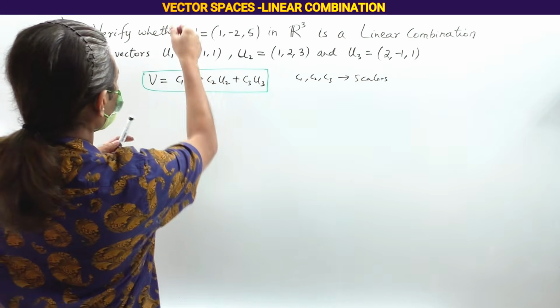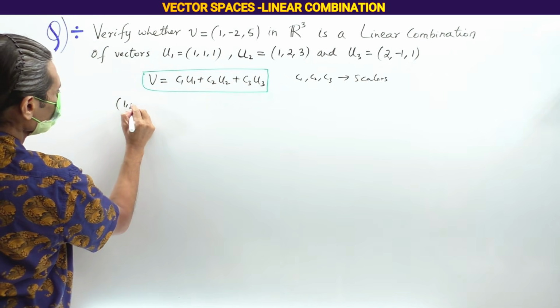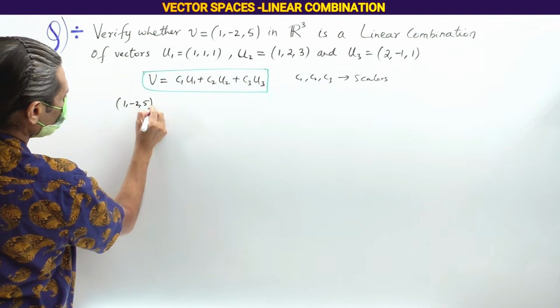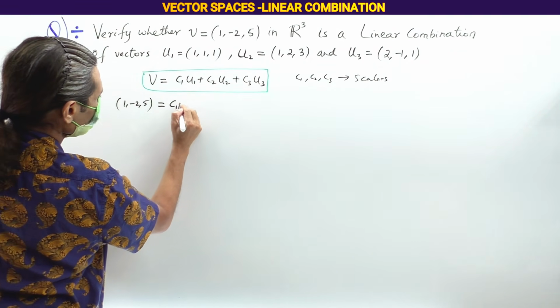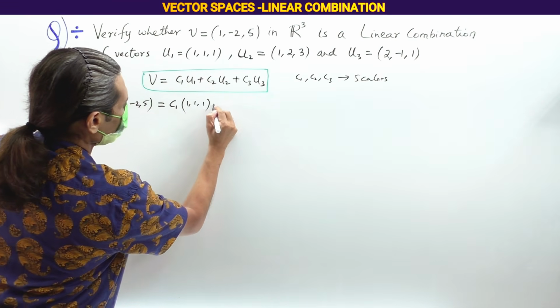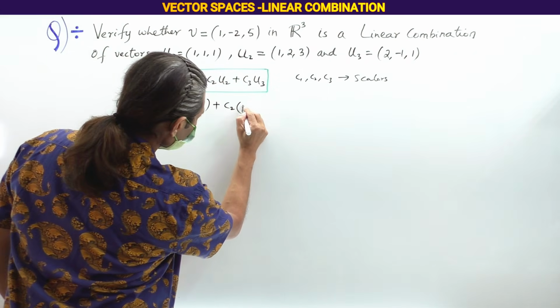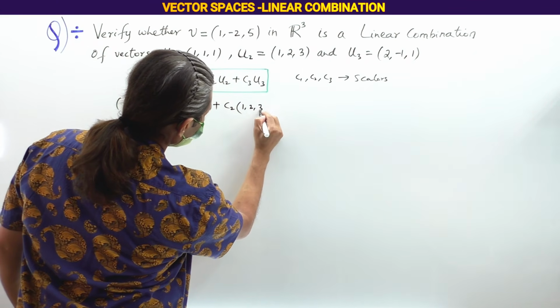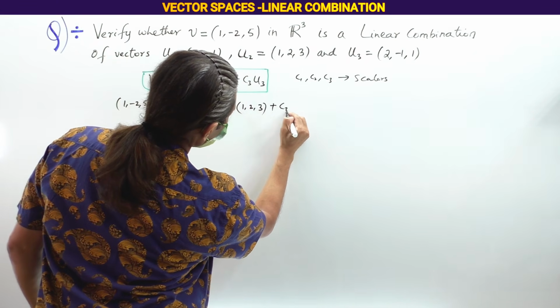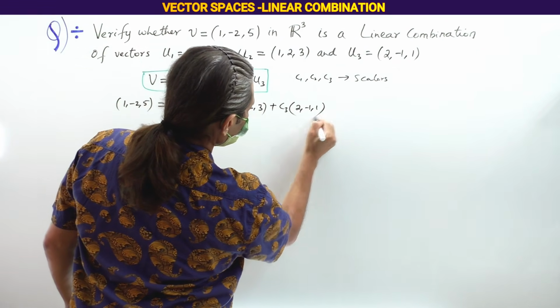So, let's equate it now. We have V = (1, -2, 5), so (1, -2, 5) = C1 times (1, 1, 1) + C2 times (1, 2, 3) + C3 times (2, -1, 1).